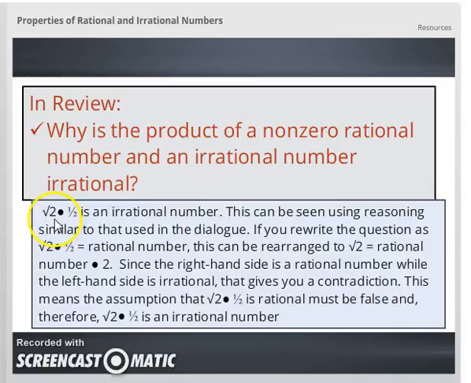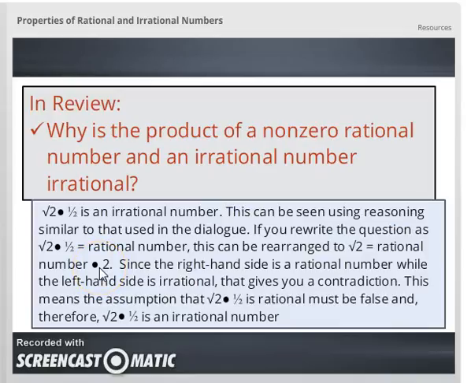Remember, the square root of 2 times 1/2 is an irrational number. This can be seen using reasoning similar to how we did it in our dialogue. If you rewrite the question as the square root of 2 times 1/2 equals a rational number, you can rearrange it to be the square root of 2 equals a rational number times 2.